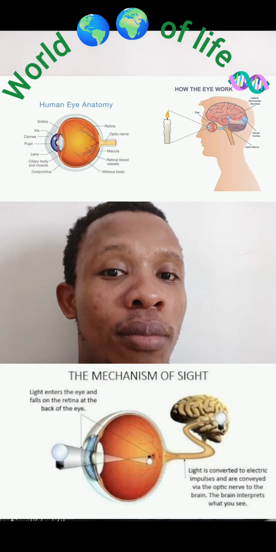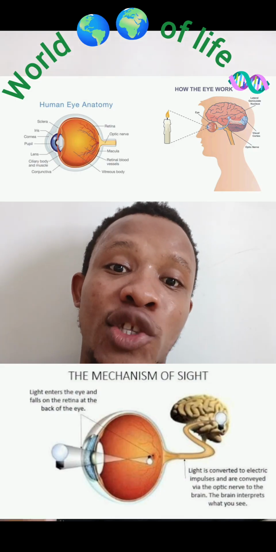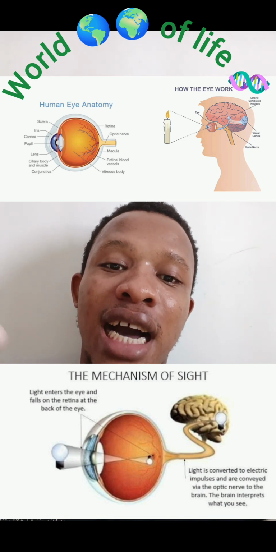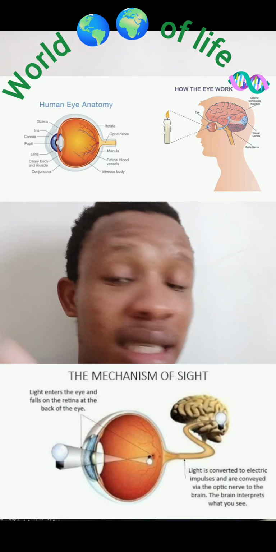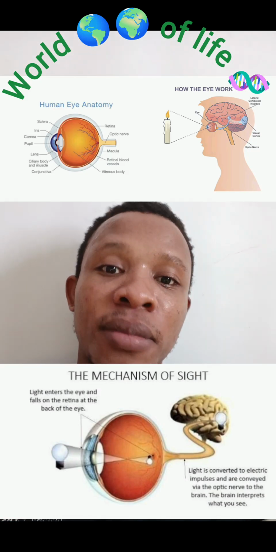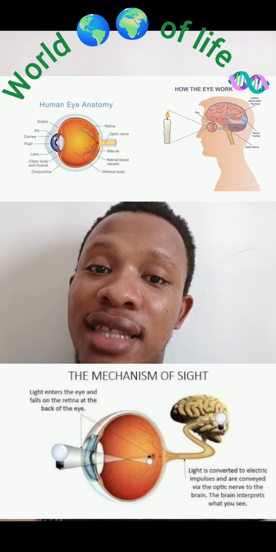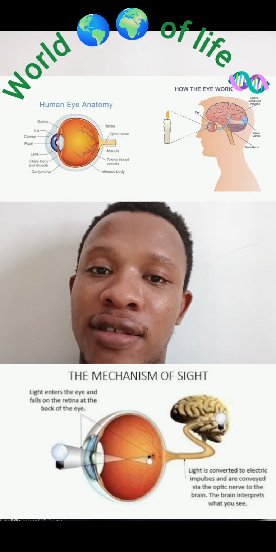That's why some organisms that have ommatidia, which means having more than 10,000 lenses and numerous irises, now have more tendency to detect more colors than man.